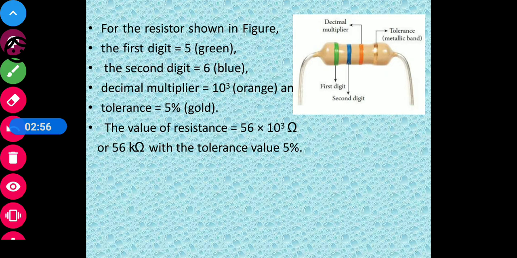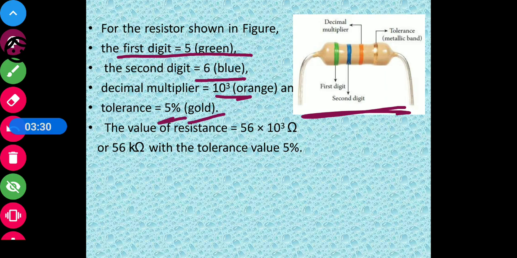Now let us solve one example. Suppose you are given this resistor which has green, blue, orange and gold rings. How can you find the resistance of this resistor? The first digit, green, stands for 5. The second digit is blue, which stands for 6. The third ring is orange, which is the multiplier; orange is 3, so 10 raised to power 3. The fourth ring is gold, which is 5% tolerance.